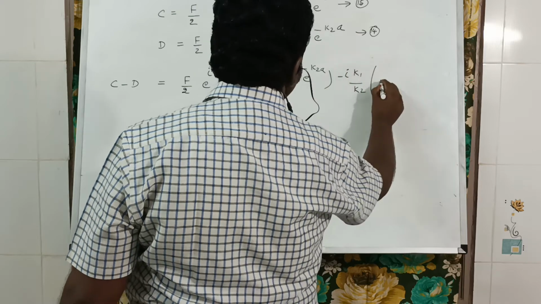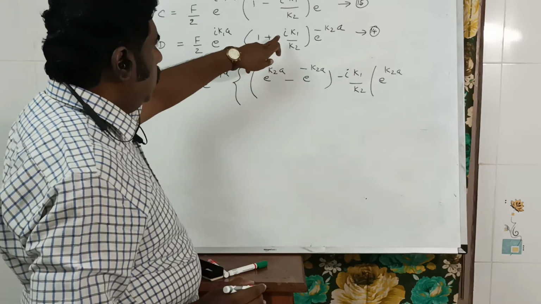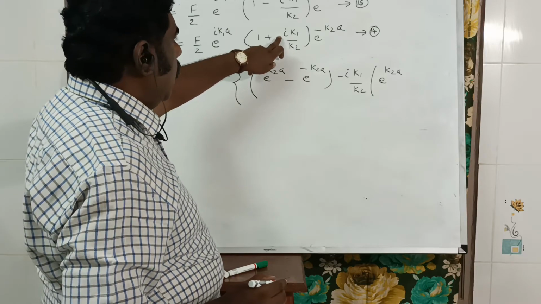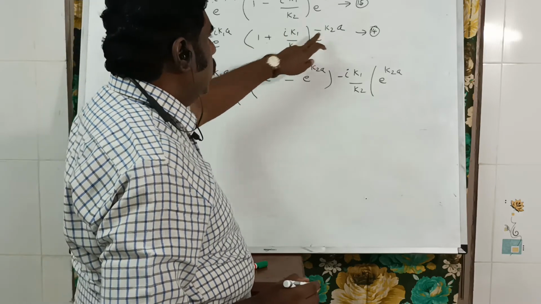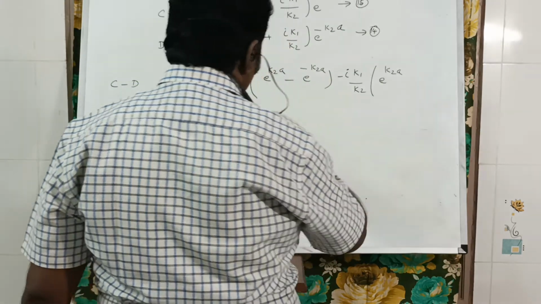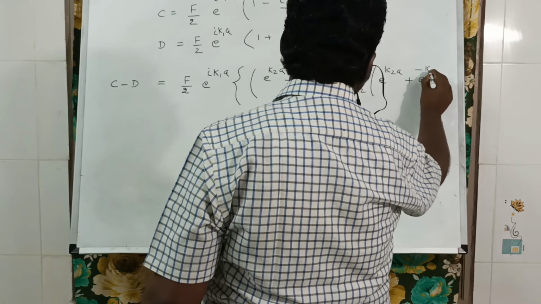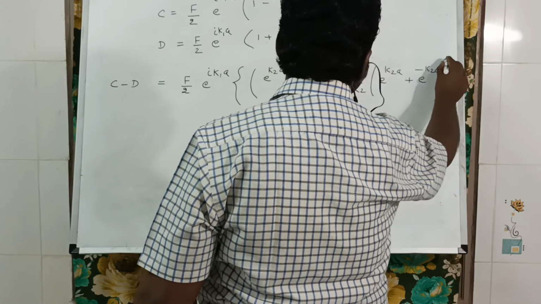The remaining term is e power k2a, and already we have taken out minus i k1 by k2 outside, so plus e power minus k2a.